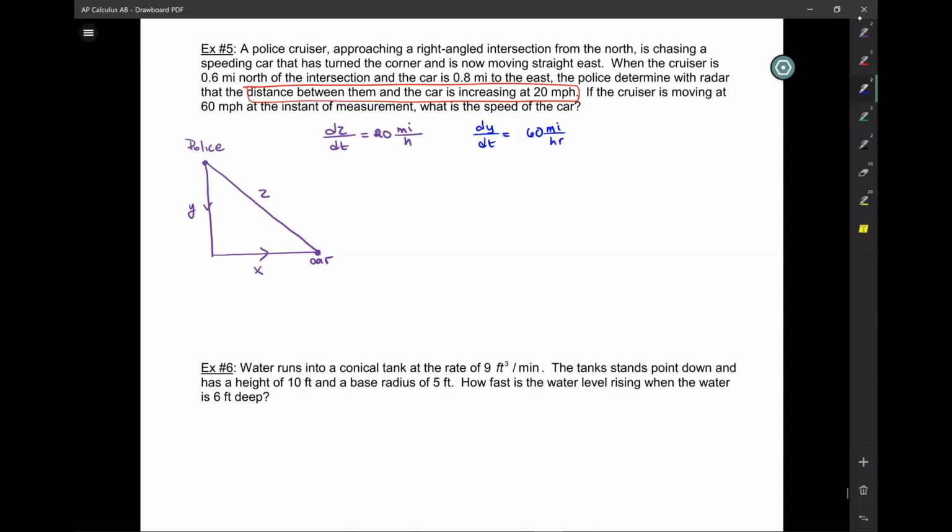It's not. Why isn't it positive 60 miles an hour? Because it's going in the negative direction. It's negative 60 miles an hour because y is decreasing. Y is going in the negative direction at a rate of 60 miles an hour.